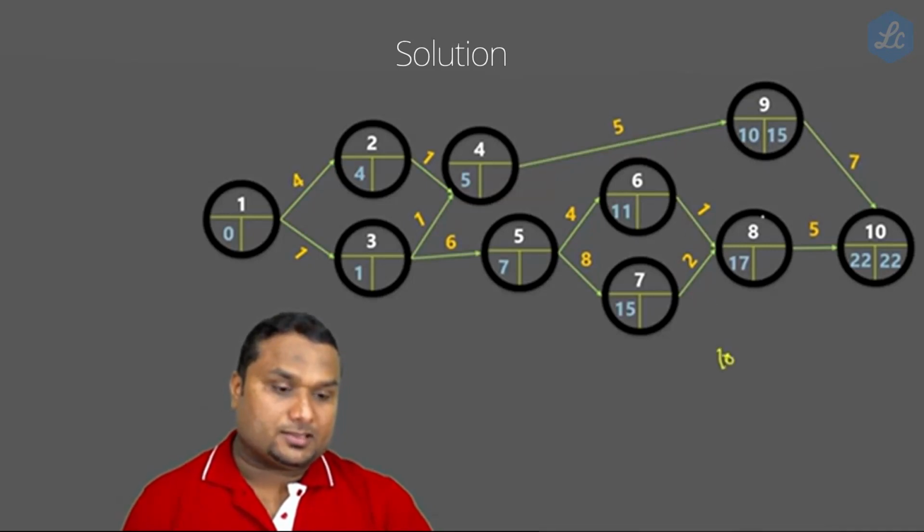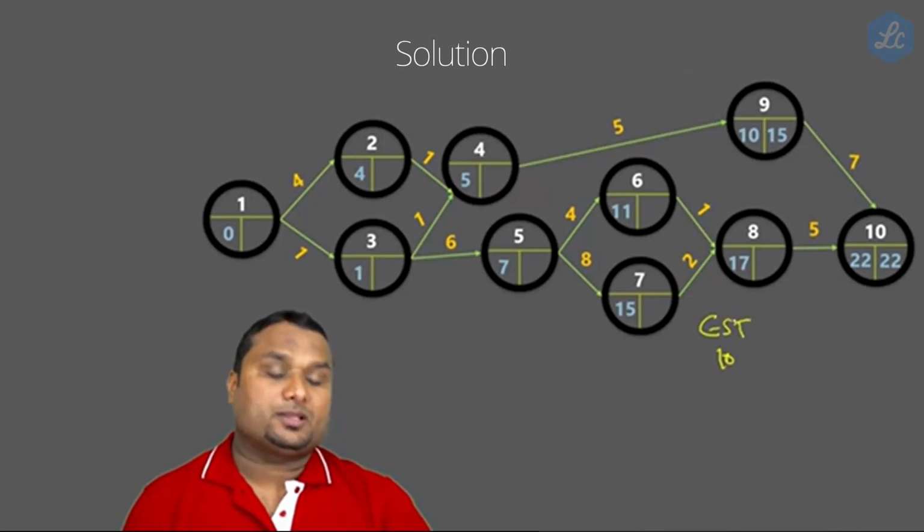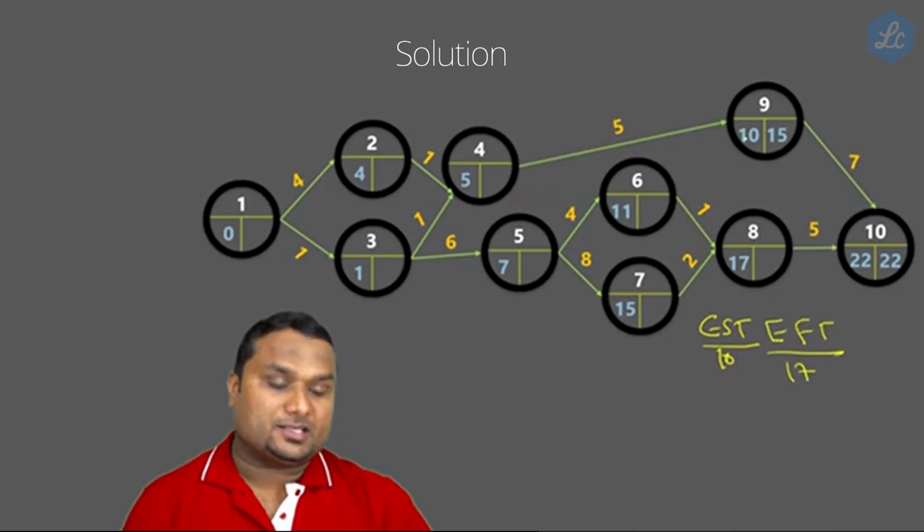This is called the earliest starting time. If you start on the 10th, it will take 7 days to finish. So 10 plus 7 is 17. This is called the earliest finishing time, which is 17.